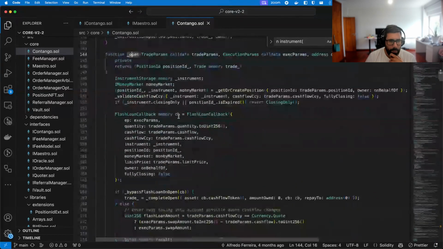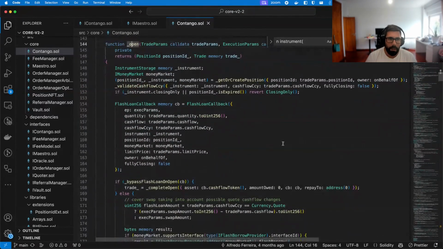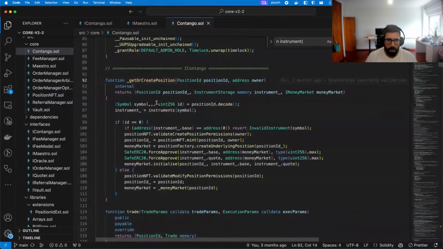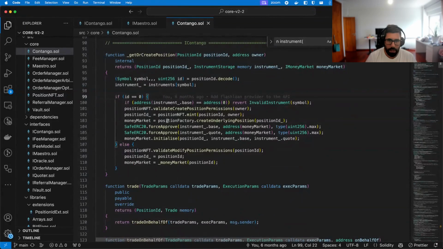So yeah, if we are in an open, we get or create a position. This means we are going to check if the position ID is 0. That means that we have to create it. And here you will see some interesting bit, which is that if we are creating a position, we will be minting an NFT.